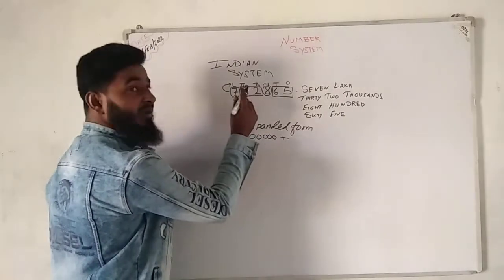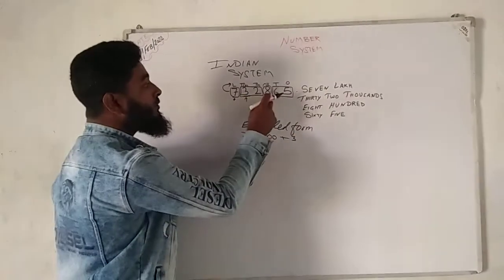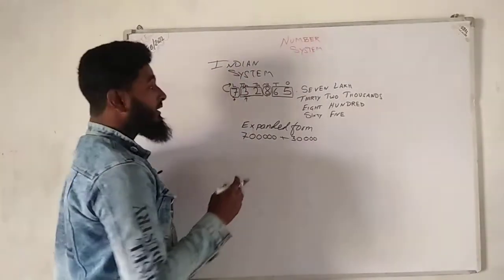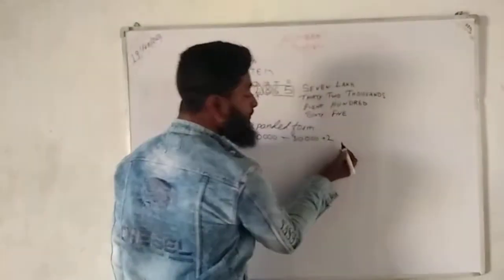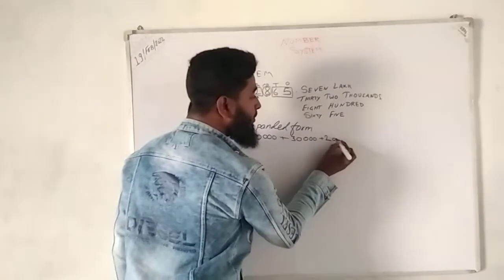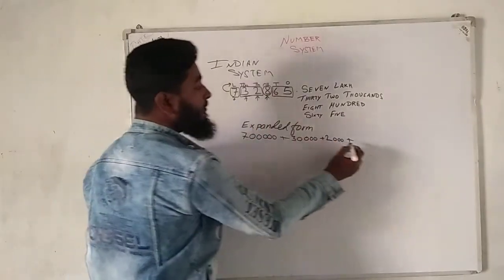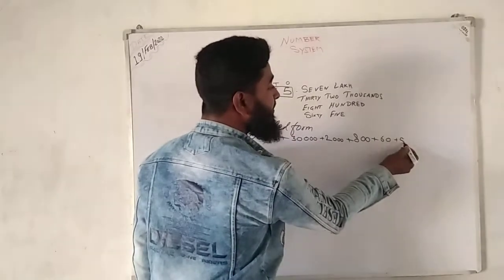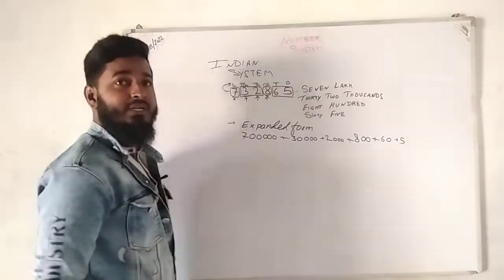Then plus, the next number is 3. Count the digits after it: 1, 2, 3, 4. Put 4 zeros, 30,000. Then plus, the number is 2. Put plus here and then put 2, and count the digits: 1, 2, 3. After that put 200... then plus, the number is 8, put 80, then plus 6 and then 60, and then plus 5, done. This is called expanded form.